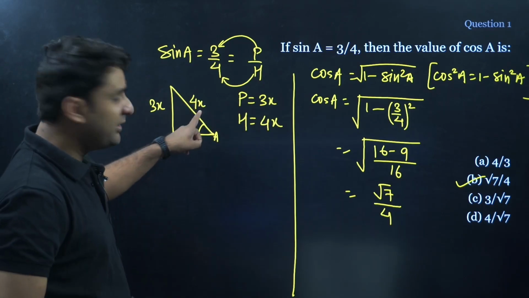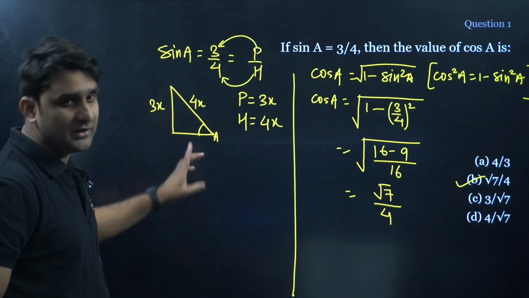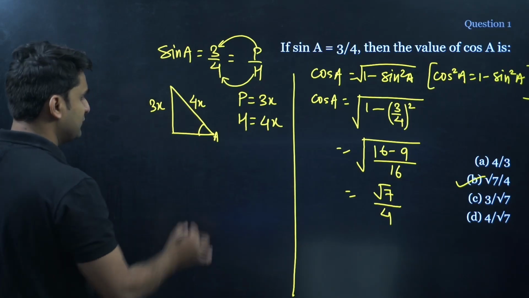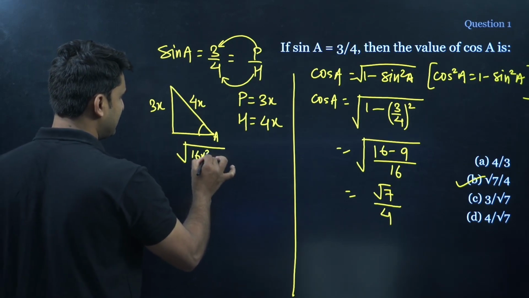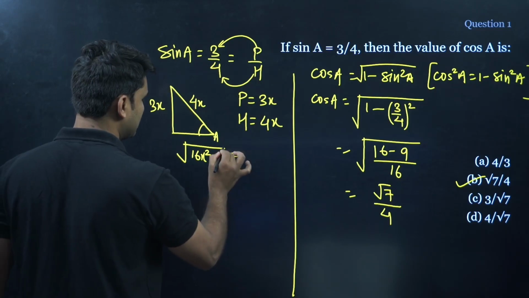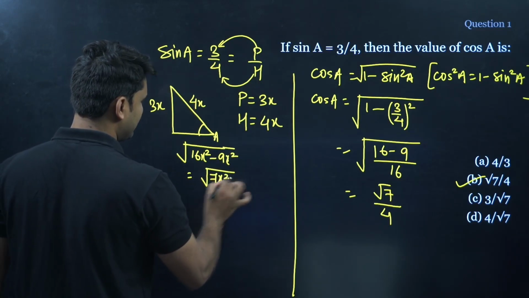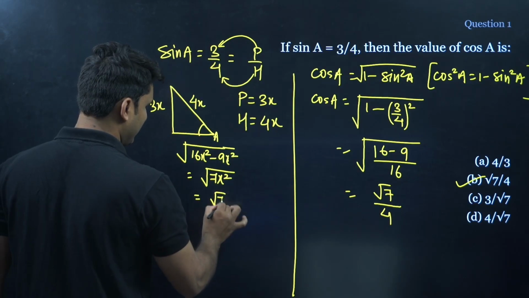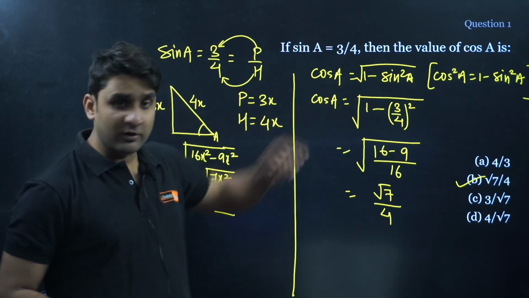And if hypotenuse is given to you and perpendicular is given to you, what will be the base? We can find out by using Pythagoras theorem. So base will be under root 4x square, that is 16x square, minus 3x square, that is 9x square, and 16 minus 9 will be root 7x square, and that will be root 7x. This will be the base. And what are we looking for? We are looking for cos.